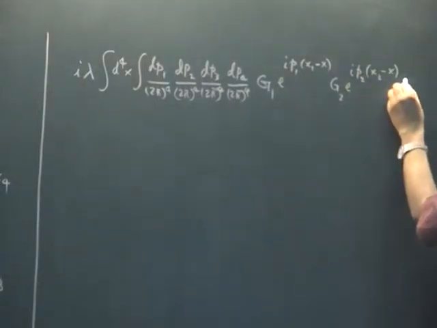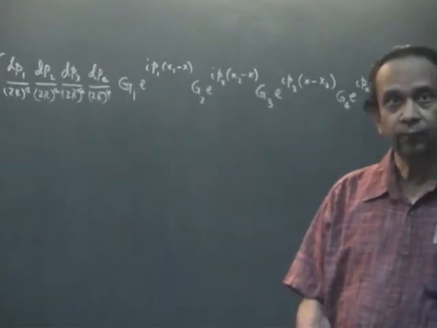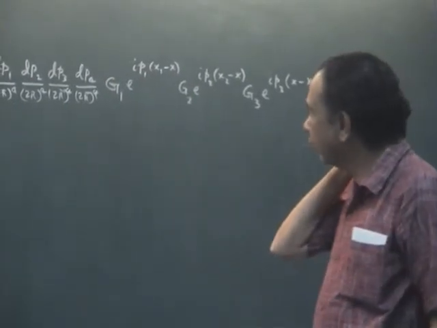Then I will have a g3 e to the i p3, now it is x minus x3, and g4 e to the i p4 x minus x3.